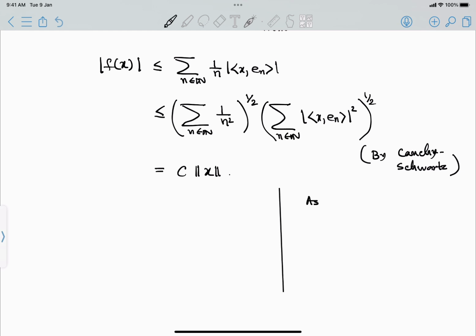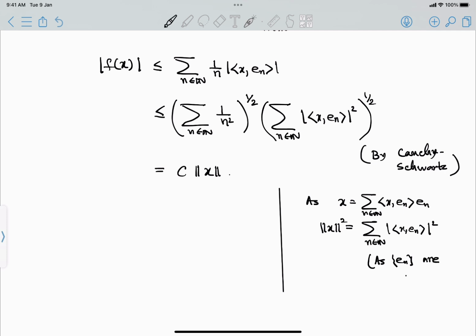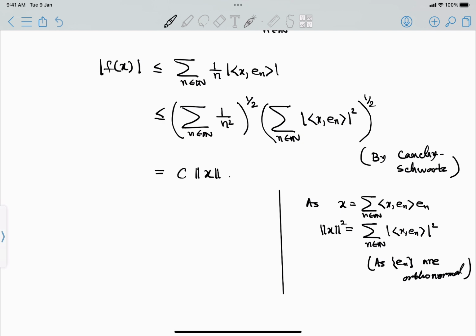As x is given by the sum of x inner product En times En, and the En are orthonormal, the norm of x square is given by the sum over n of the mod square of x inner product En. So we have got that the mod of f of x is less than or equal to c times the norm of x, and this is true for all x.